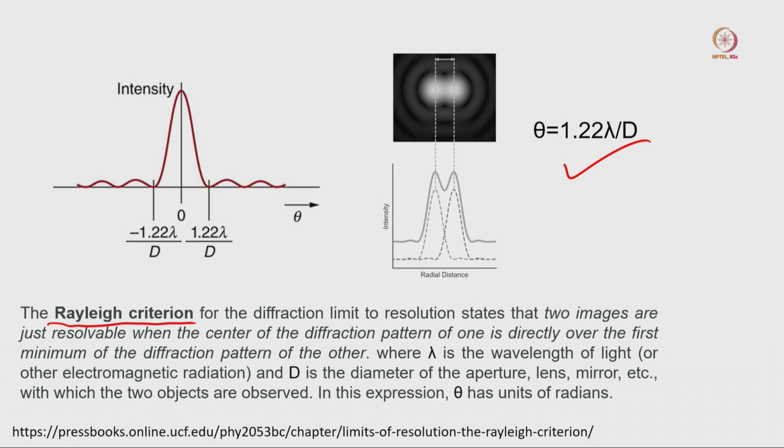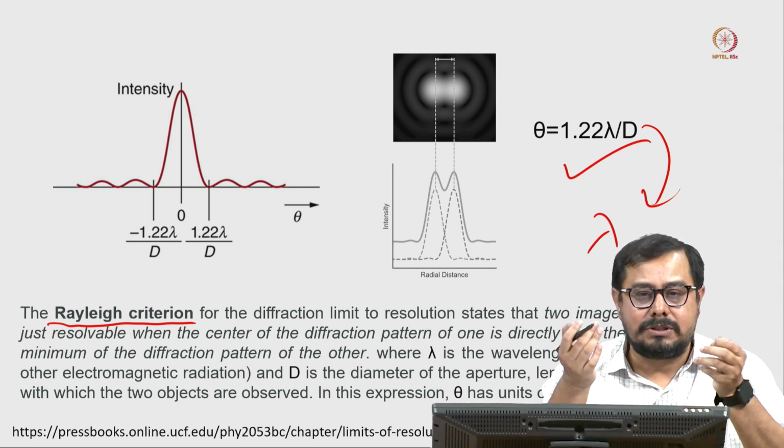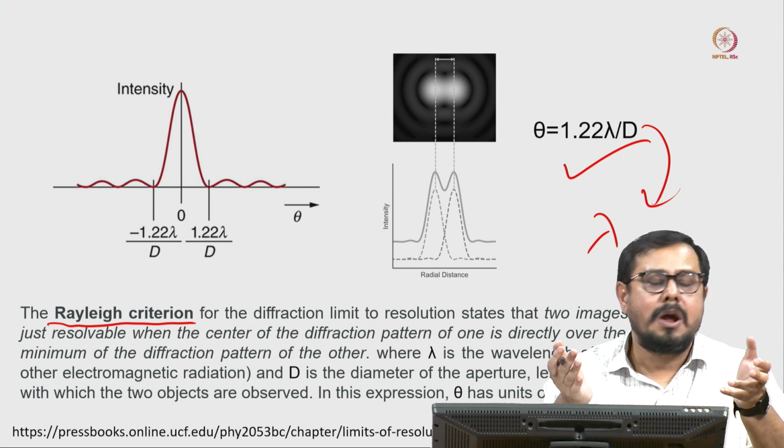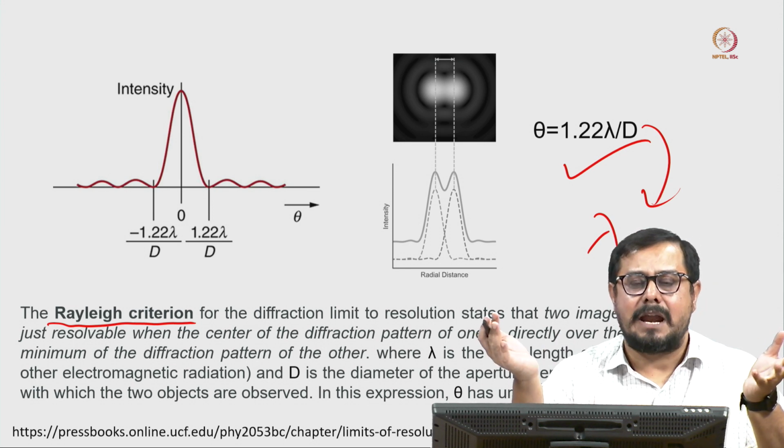And that is the reason we discuss so much about lambda: when the wavelength is shorter, we can get a much better resolution, or much better resolving power, of that microscope. Whenever we are using a light microscope, we are using a wavelength between 450 nanometer to 750 nanometer.